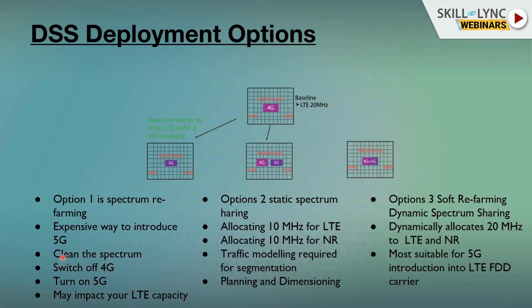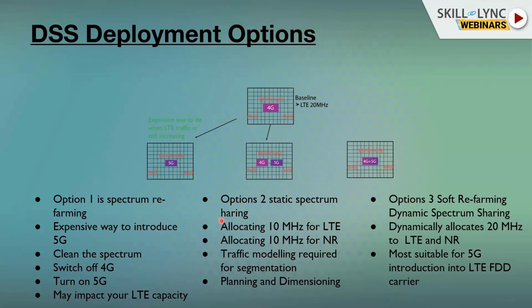Effectively, you've lost 4G. All that bandwidth and spectrum that operators purchased for 4G, they cannot use for 4G anymore because they need to give it to 5G. That's what conventional spectrum refarming is all about, and that's something we don't want because this will ultimately impact your LTE capacity. Now you have one less band that you can use for 4G because it's being used for 5G.